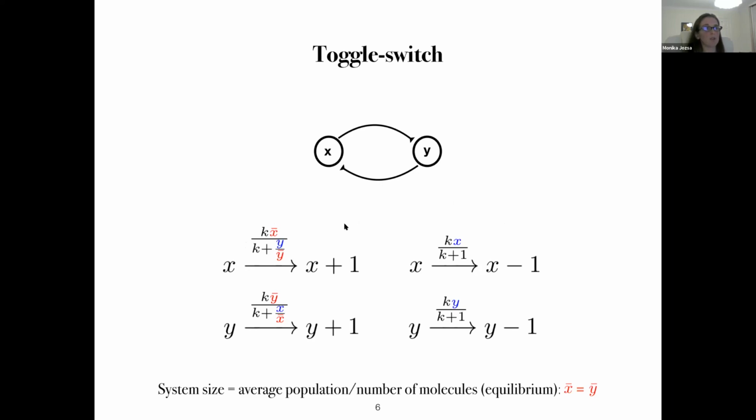What's important here are X bar and Y bar, which are constant parameters that give us the average number of molecules present in the system. For the time being, we will assume that X bar equals Y bar, and we'll call it the size of the system. X is the number of molecules from species 1, and Y is the number of molecules from species 2.